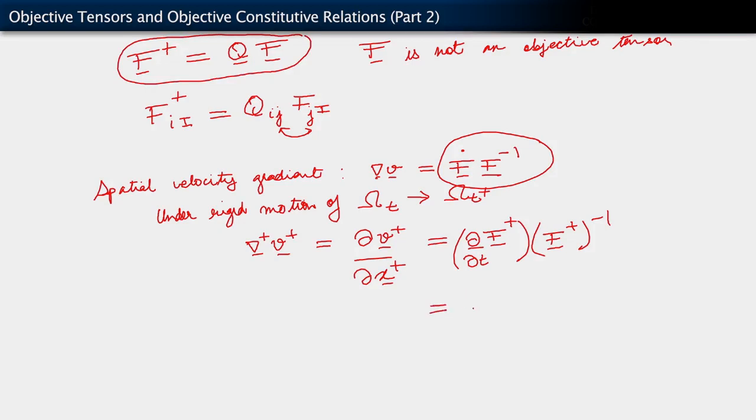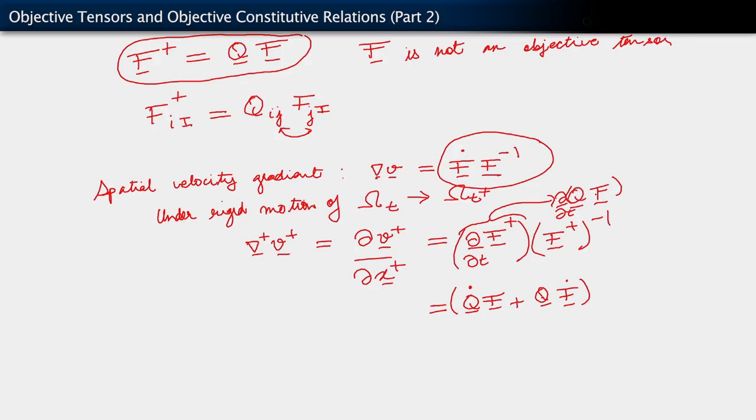For the first term in parentheses, we get Q dot F plus Q F dot. This is because this object is Q F, and the time derivative of that object is what that partial time derivative is, because that's how F transforms to F plus.